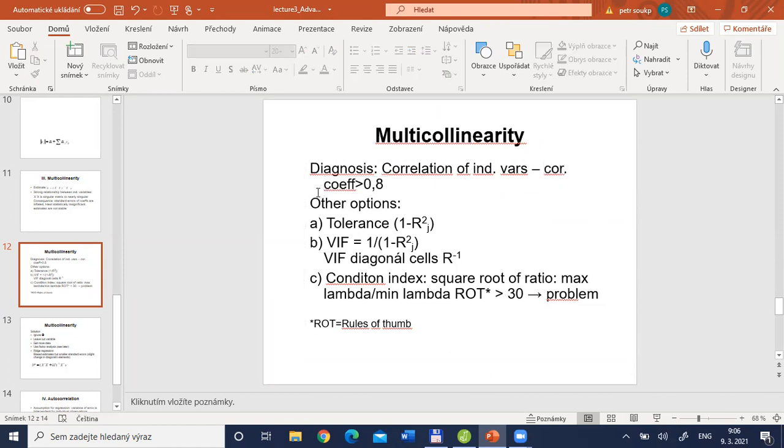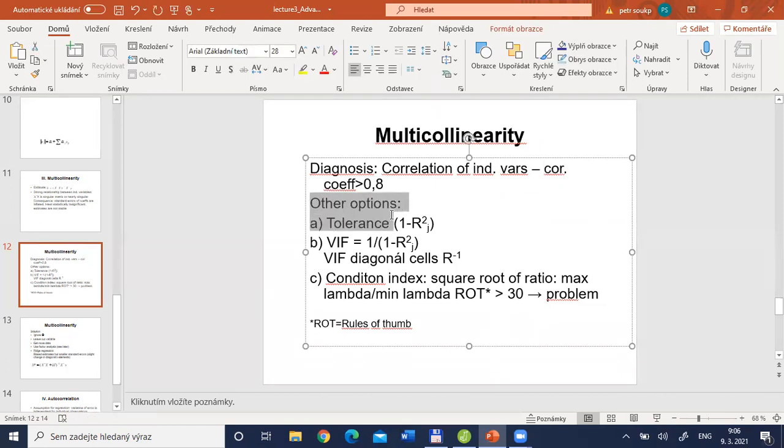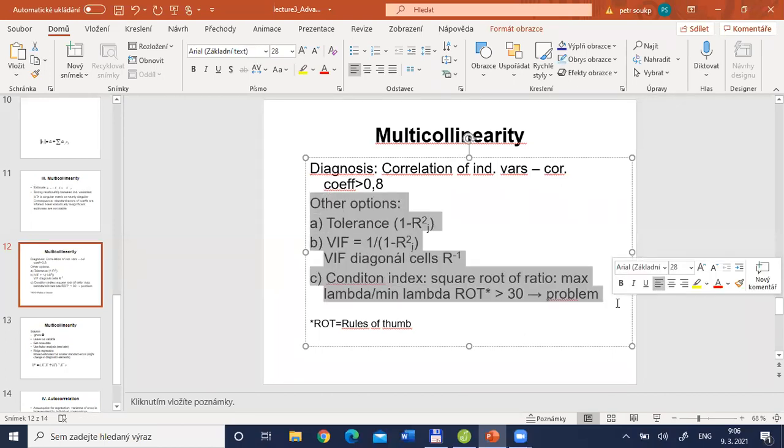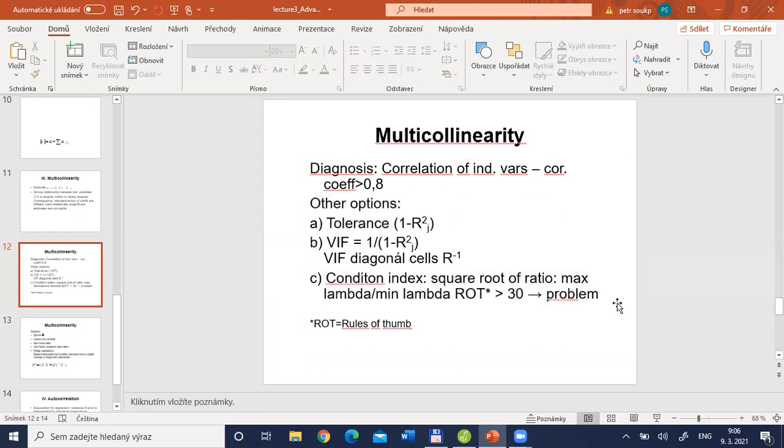But we will cover some slightly more advanced options that are called tolerance, VIF, and condition index. All of these are present in JASP as well as in other classical statistical packages, so that's why we will discuss these.